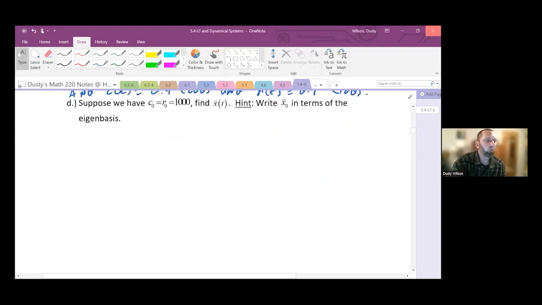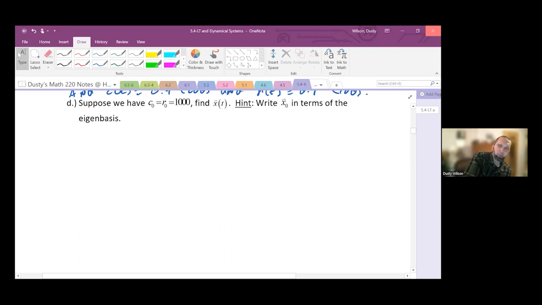D. Suppose we have C naught equal to R naught equal to 1000. Find x of t. And there's a hint, we're going to write x naught in terms of the eigenbasis. Remember, our eigenbasis is 100, 300, and also 200, 100.